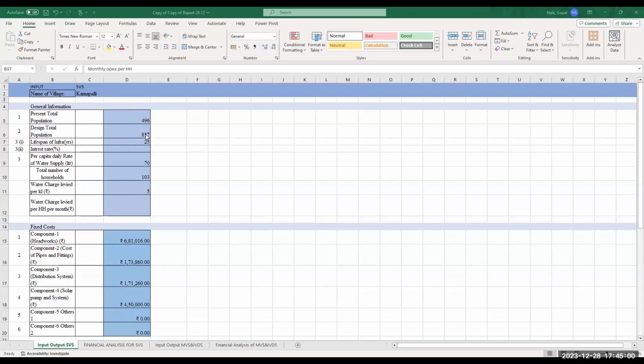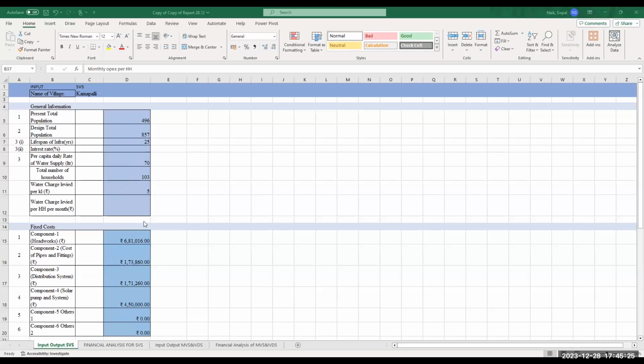Essentially, you need to enter the present total population, design total population, lifespan, per capita daily rate of water supply, total number of households, and water charges levied, either on a per kiloliter basis or a per household basis.